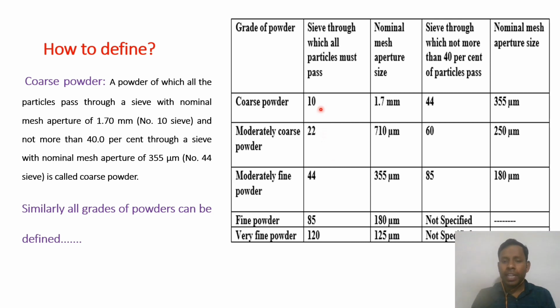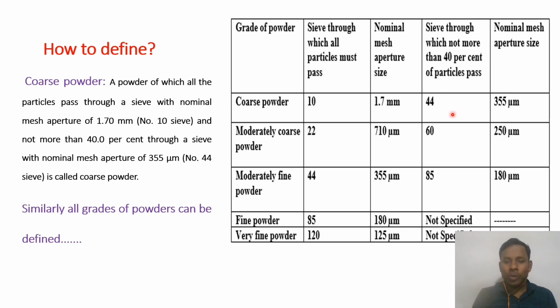For sieve number 10, the nominal mesh aperture size is 1.7 millimeter. The next column is the sieve through which not more than 40% of particles pass, with its sieve numbers and nominal mesh aperture sizes.